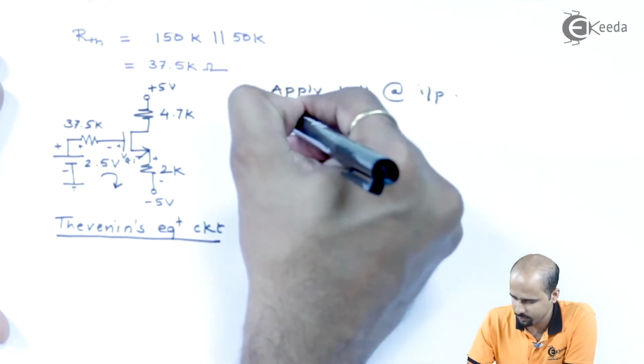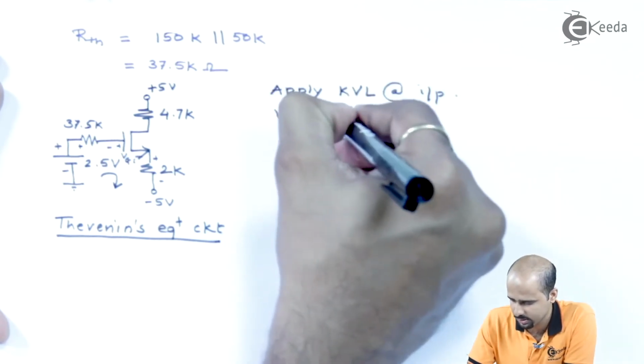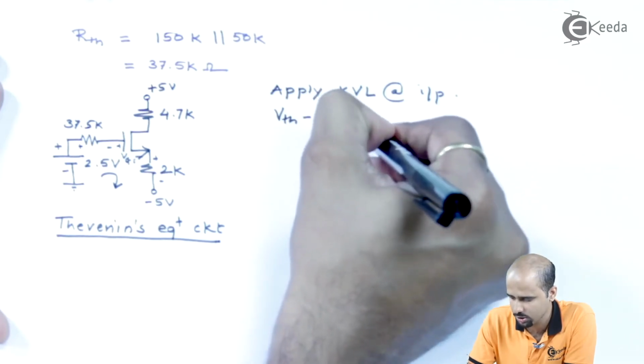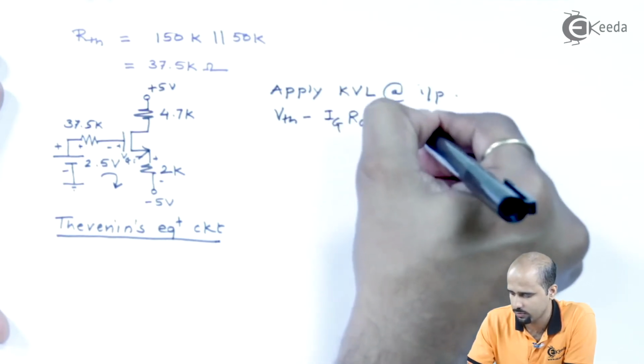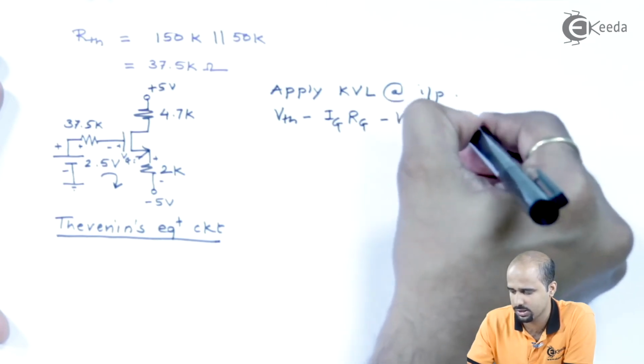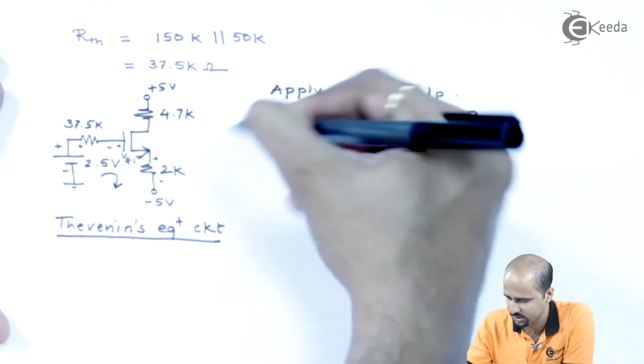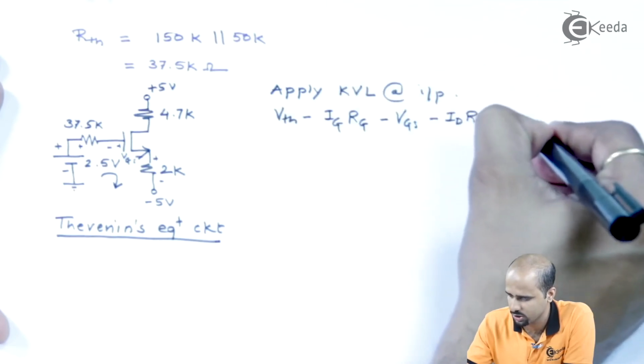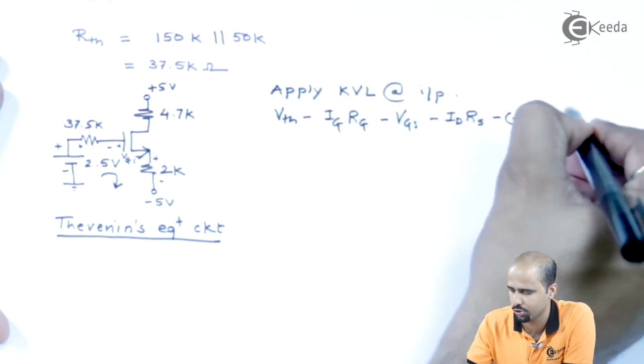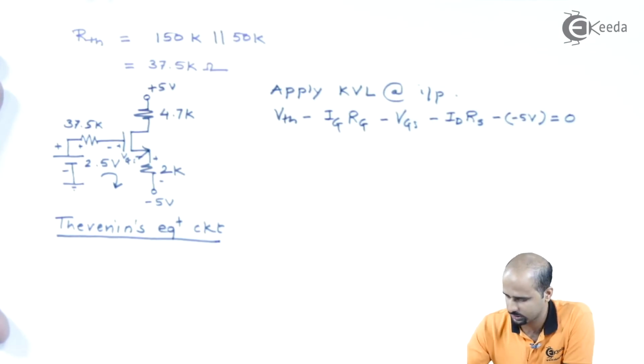Apply KVL at input. We will be getting VTH minus IG RG minus VGS minus ID RS minus (minus 5 volts) is equal to 0. Clear? Yes.